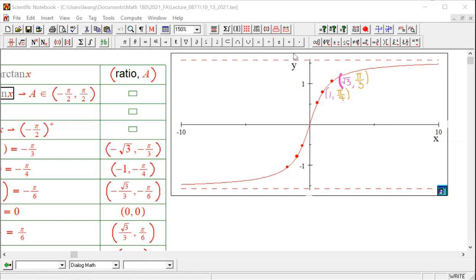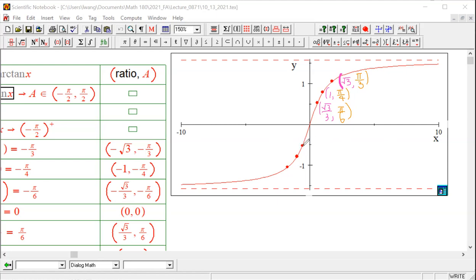The next one is √3 over 3, the ratio. The output is pi over 6. Keep going.